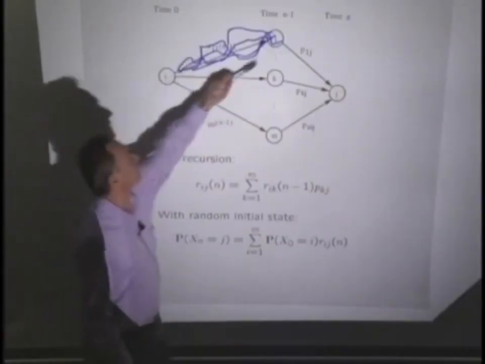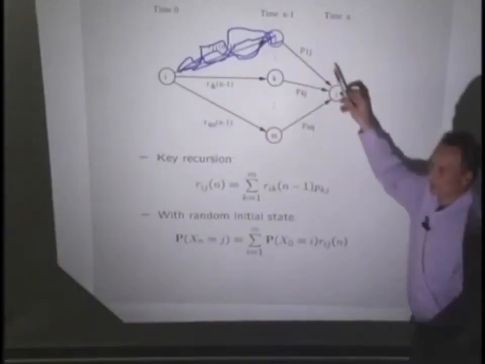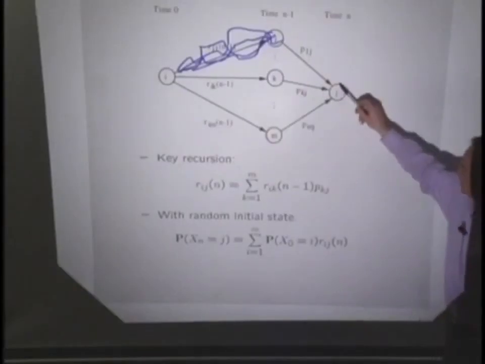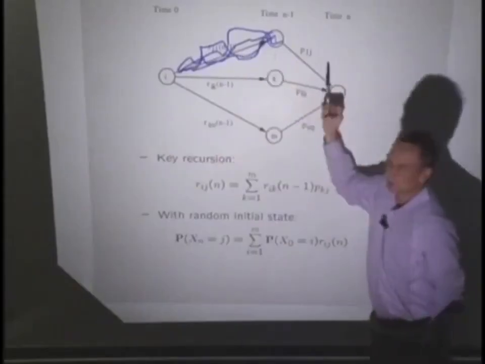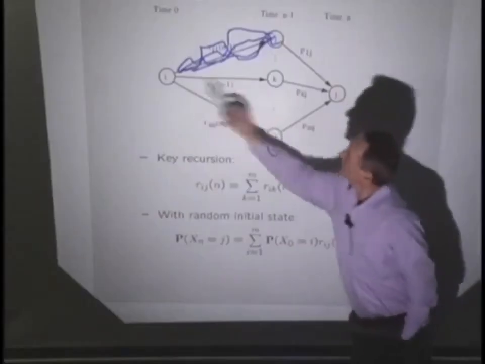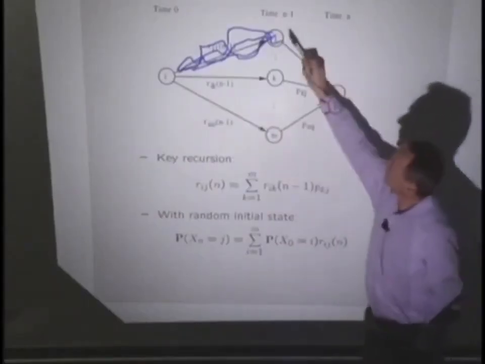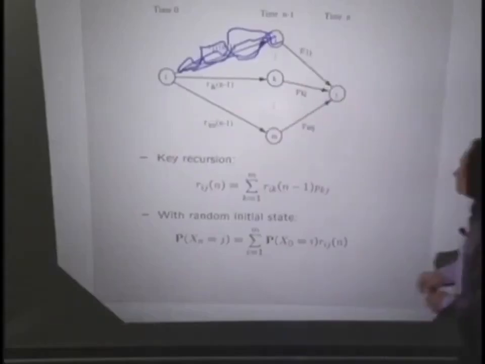And then, given that I found myself at state 1, with probability p_1j, that's the transition probability, next time I'm going to find myself at state j. So the product of these two is the total probability of my getting from state i to state j through state 1 at the time before.